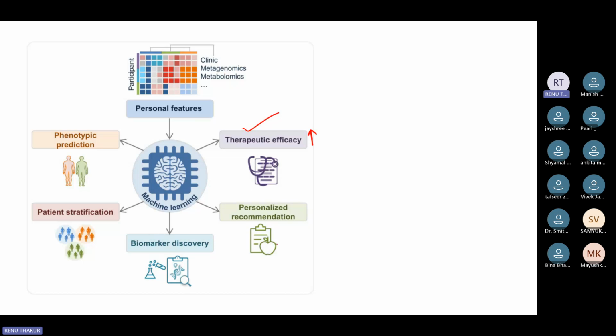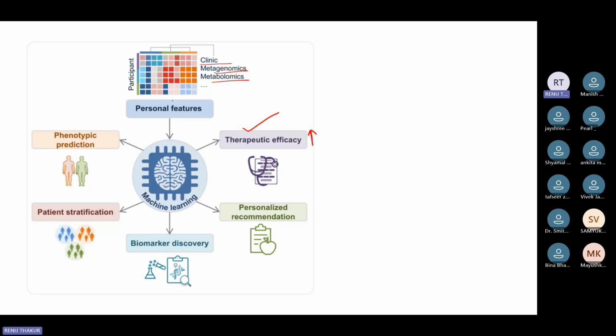So personalized recommendation as per the patient's requirement, patient genomic requirement, patient metabolomic profile. Metabolomic profile means what the patient's gut microorganisms are producing. So you can see here it is metagenomics, metabolomics, clinical.